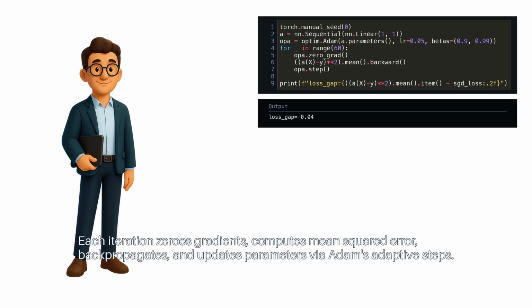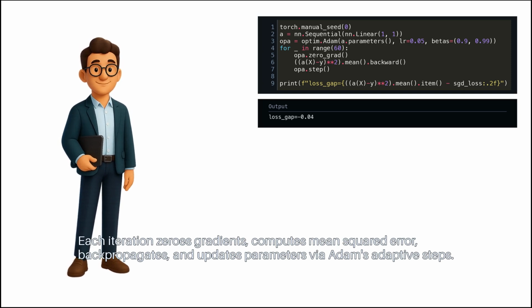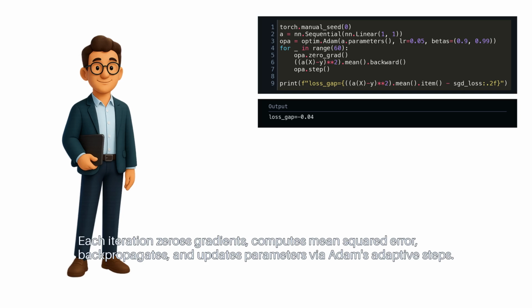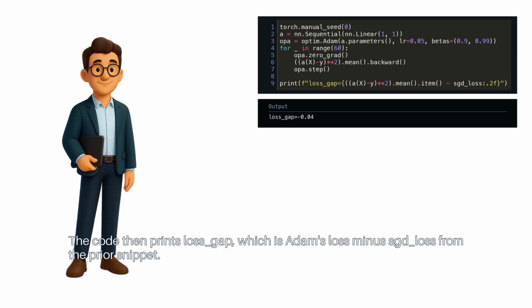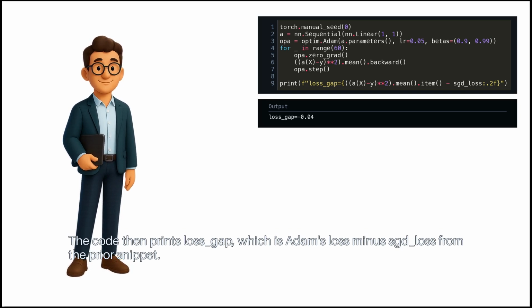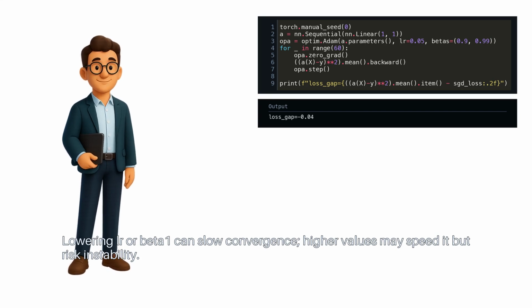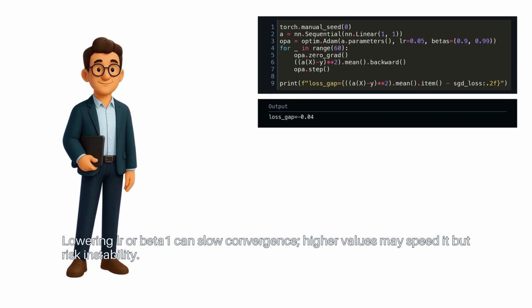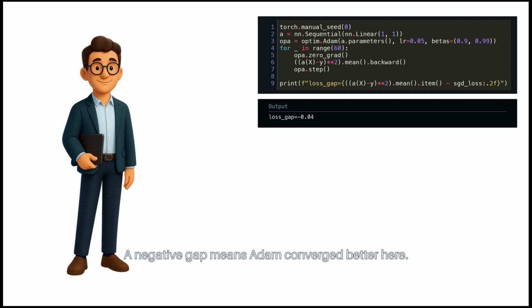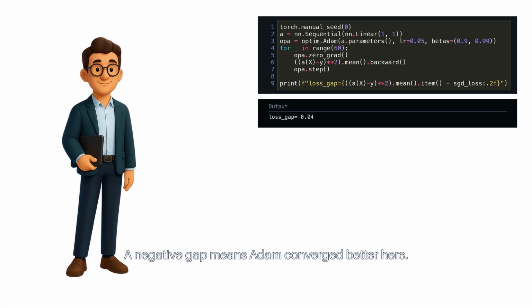Each iteration zeros gradients, computes mean squared error, backpropagates, and updates parameters via Adam's adaptive steps. The code then prints the loss gap, which is Adam's loss minus SGD loss from the prior snippet. Lowering lr or beta1 can slow convergence. Higher values may speed it, but risk instability. A negative gap means Adam converged better here.